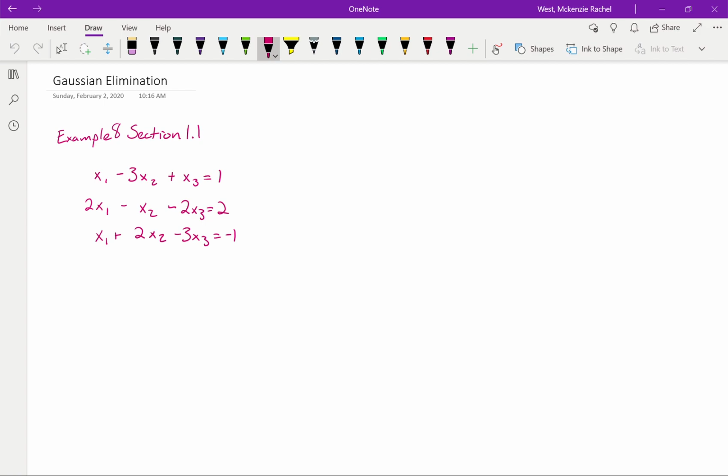And rewriting all the variables sounds like a whole lot of work. So what I'm going to do is turn this into a matrix where the first column is the x1 coefficients, the second is the x2, third is the x3, and then the fourth we'll call the b, the constants. So in this first column, we'll have the coefficients of x1 in each equation. 1, 2, 1.